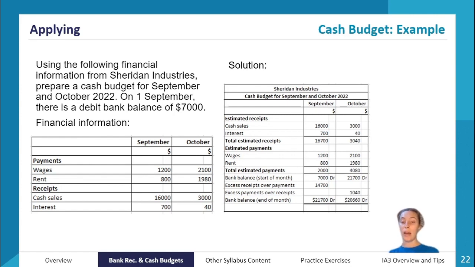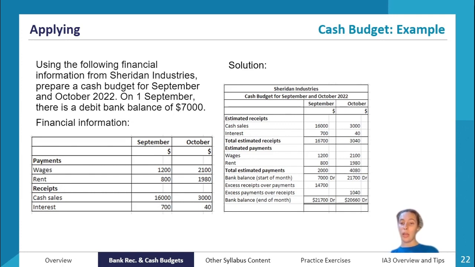We subtracted the 2,000 from the 16,700 to get that figure, and then we add the 7,000 and the 14,700 to get our end of month debit bank balance of 21,700. That 21,700 carries through as our new balance for the start of the month of October.